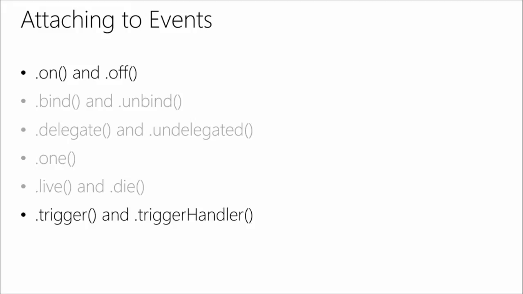Hopefully you remember when we were talking about the version history of jQuery that at one point in time, I believe it's 1.7, the event model was kind of turned on its head in jQuery, and they basically said, well, we'll still support bind and delegate and one and live and all of these, but let's create one method to rule them all. Let's create on and off and just wrap up all of these possibly confusing options for tying up events.